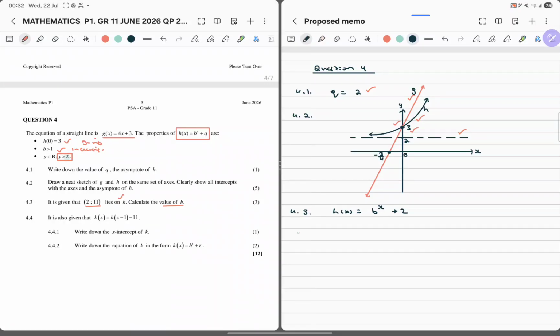Okay, so now through this point (2; 11), we know that 11 is going to be B to the exponent 2 plus 2. So we transpose the 2. 11 minus 2 is 9. It's going to be B to the 2. This is 3 squared is equal to B squared. Therefore, B is 3.